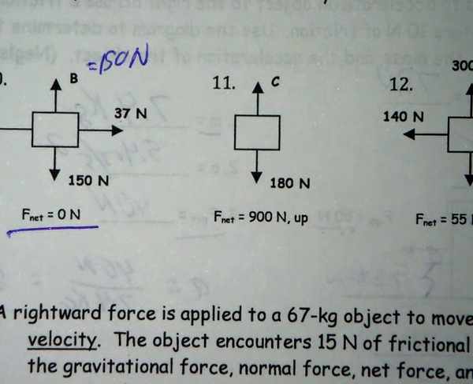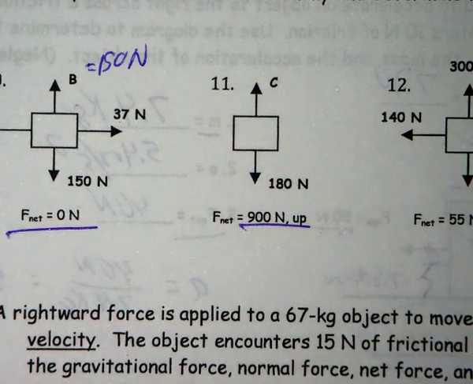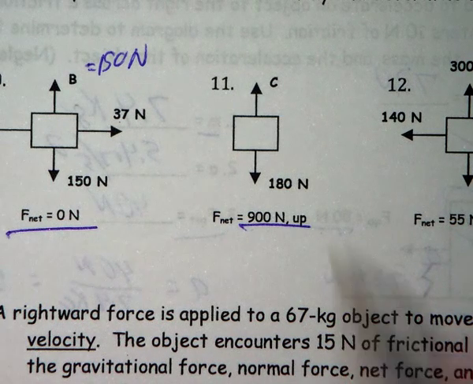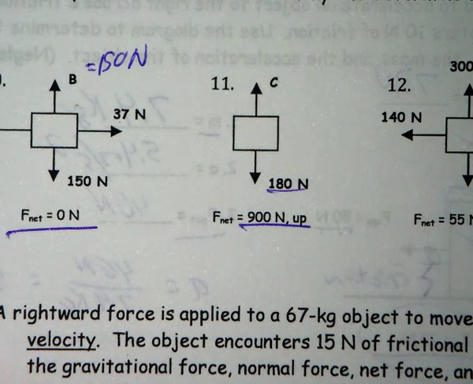It's not. Number 11. We have a 900 Newton force total going up. That's what the net force says. It says it's 900 newtons total going up. If I have 180 newtons going down, what force would I have to add to the 180 to get 900? Well, let's actually write out an equation just because I'm that way.